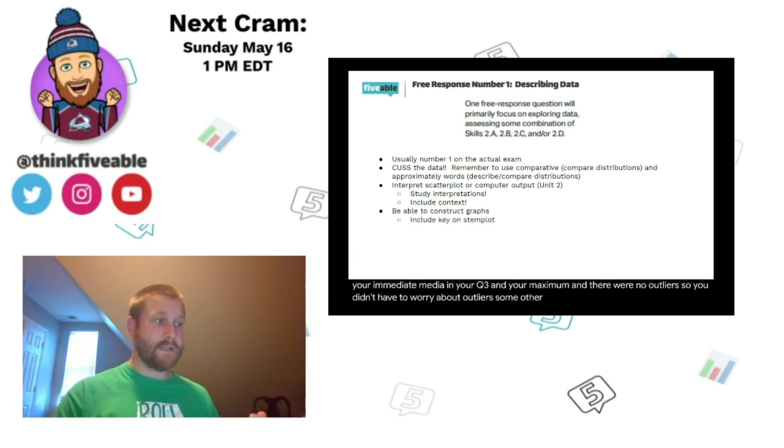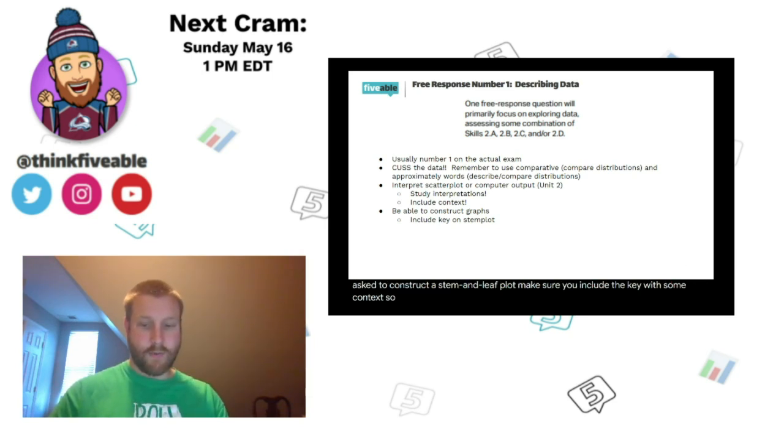Some other options is a stem and leaf plot. If you're asked to construct a stem and leaf plot, make sure you include the key with some context. So something like, I'll put it in the chat, 2 | 5 means 25 miles traveled for work.